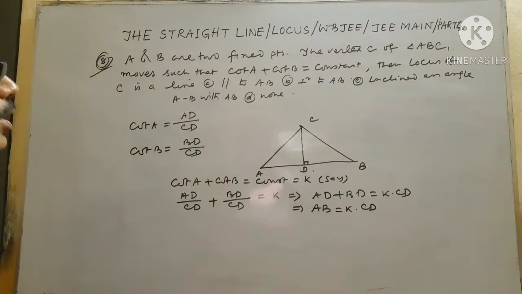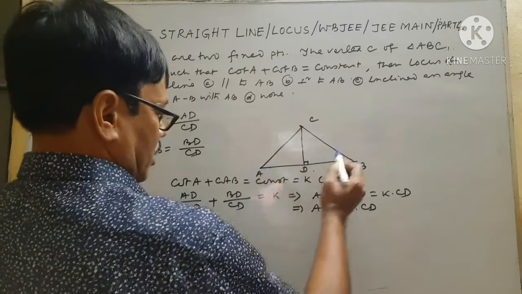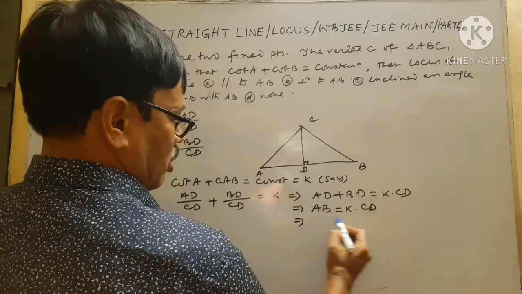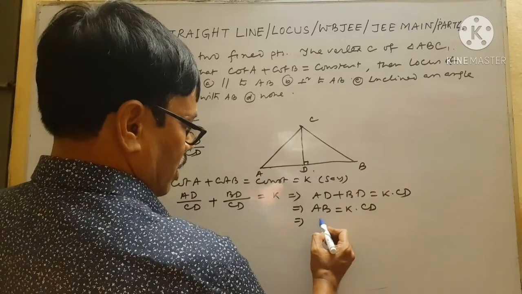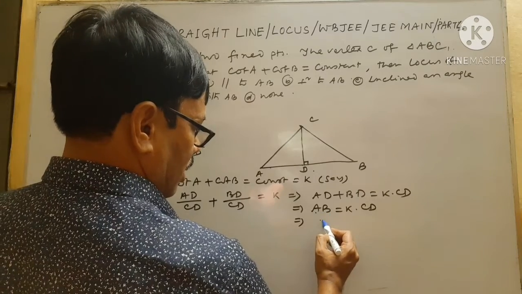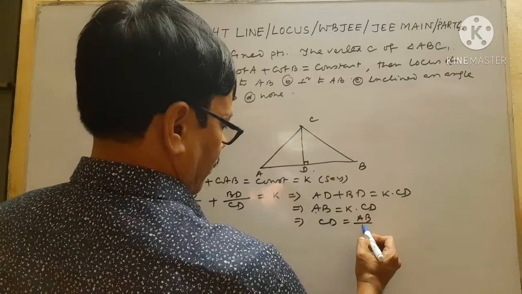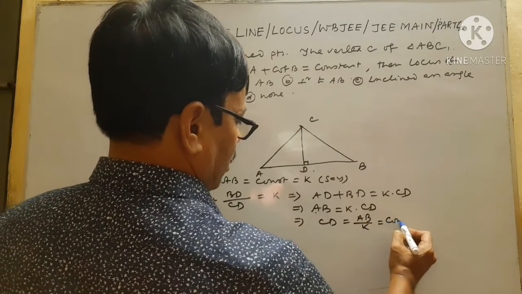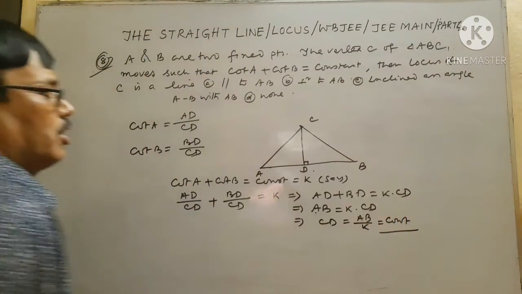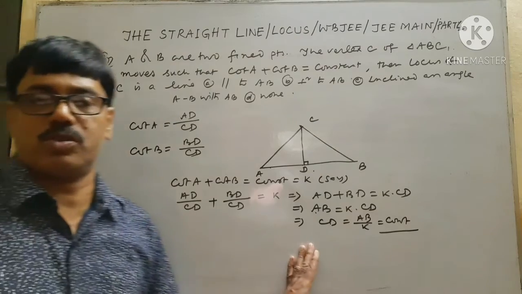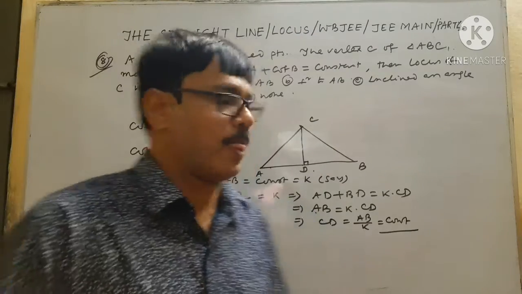Now AB is fixed, so AB is constant. So what is CD? AB by K, again it is constant. So distance CD equals constant.